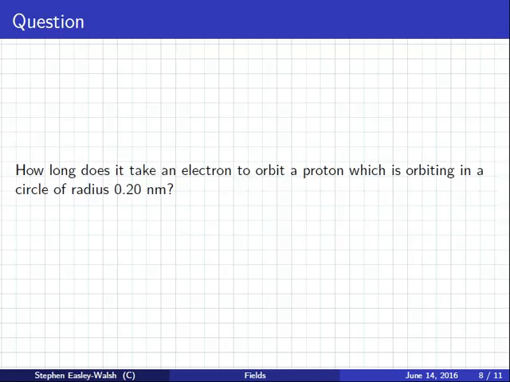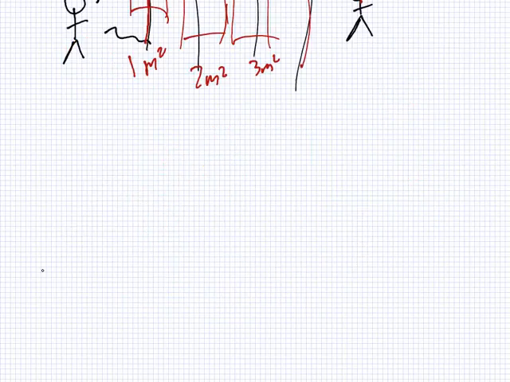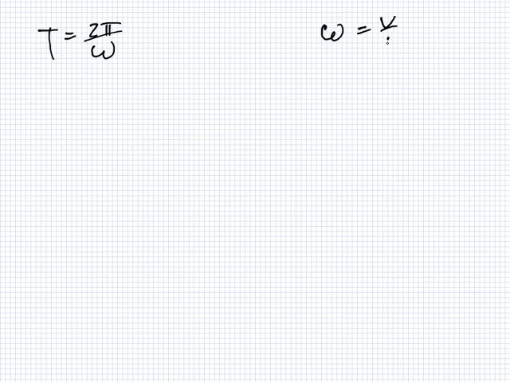Can you do it? Yeah, we'll do it now. So, where's my pen? You know T equals 2 pi over omega, and omega equals V over R. But maybe we'll start with the F like what you did.